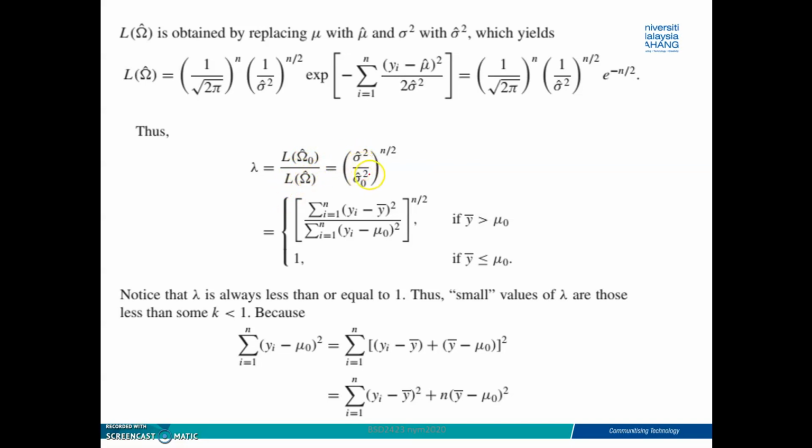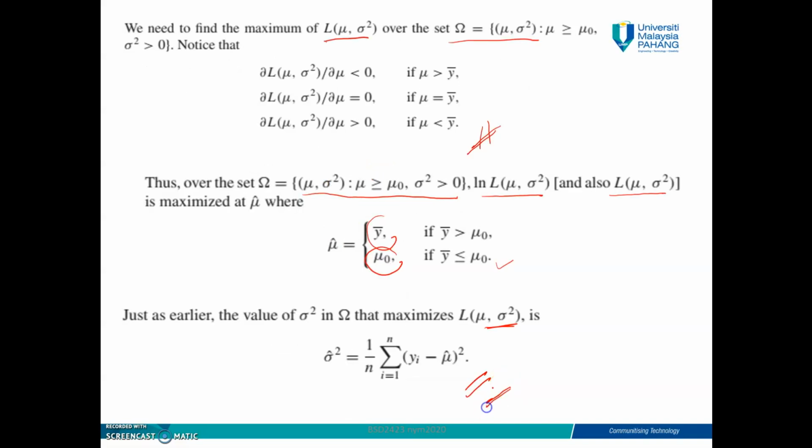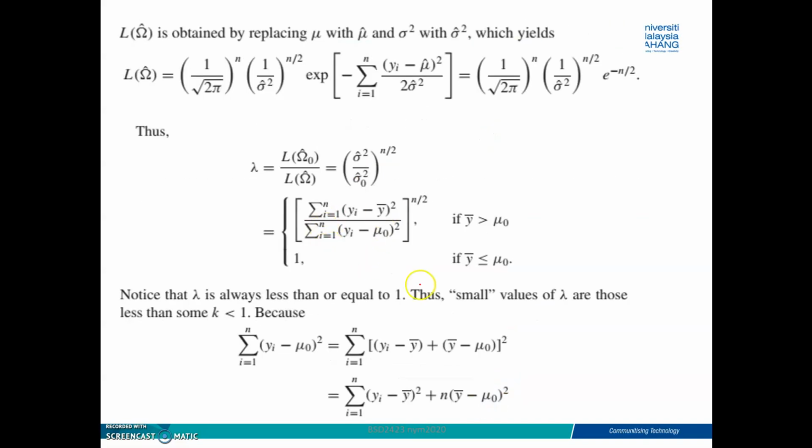So here you can see that you will get sigma hat squared over sigma squared naught, to the power n over 2. This will give you sigma squared, which comes from here. Then you have this one for y bar greater than mu naught, and this one when y bar is less than mu naught.